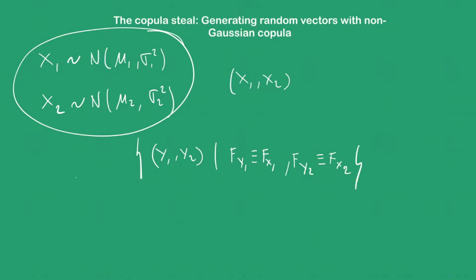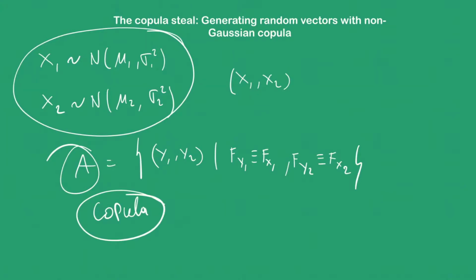So in this set, called set A, we have all random vectors that have normal marginal distributions with mean mu1 or mu2, variance sigma 1 or sigma 2 squared, but each of the random vectors in A has a different copula.